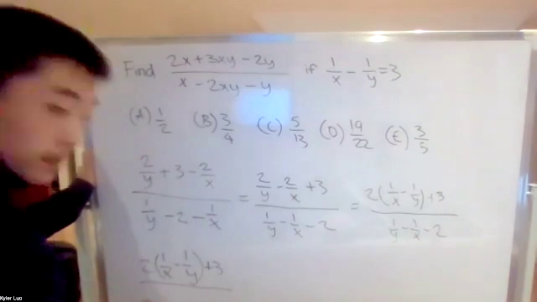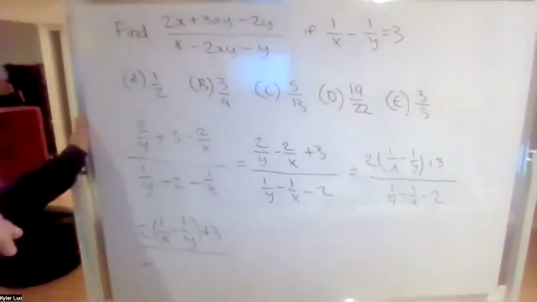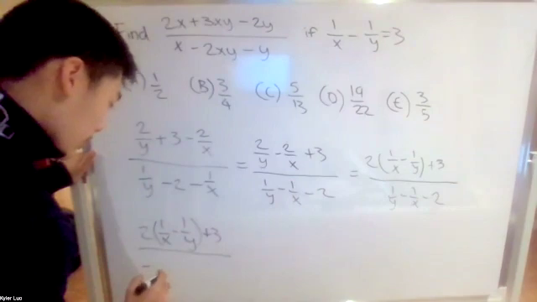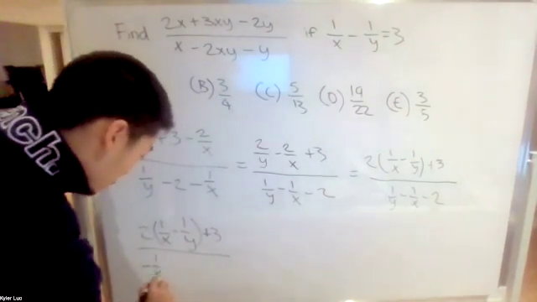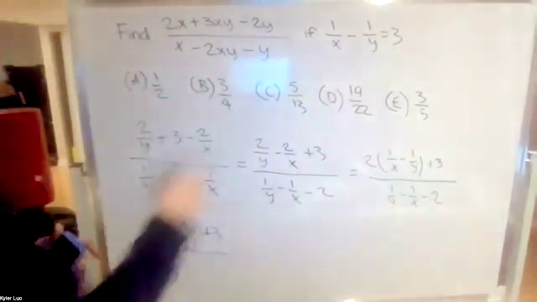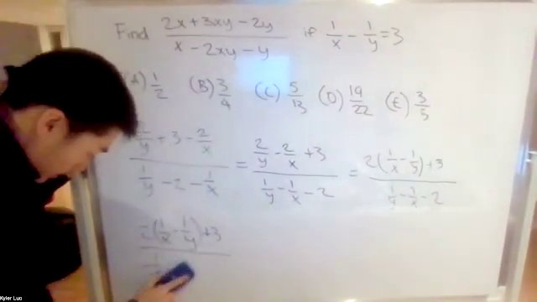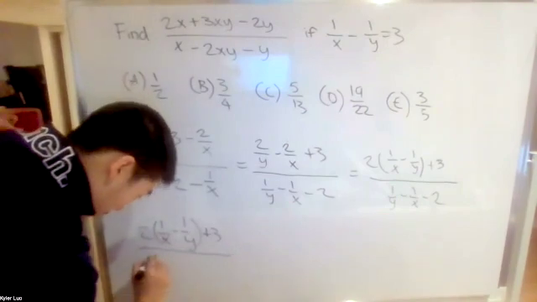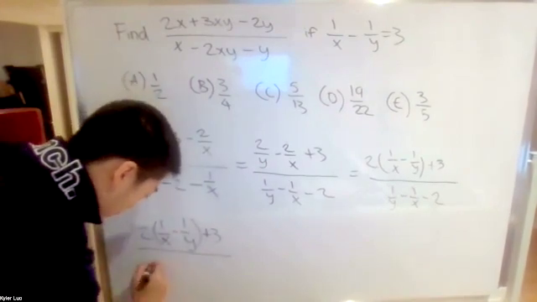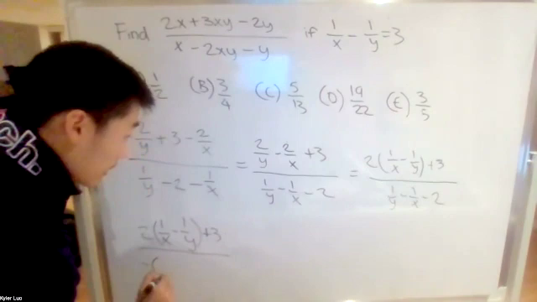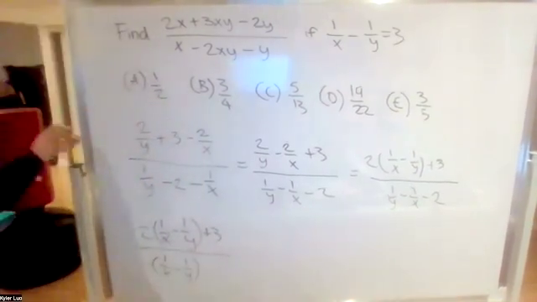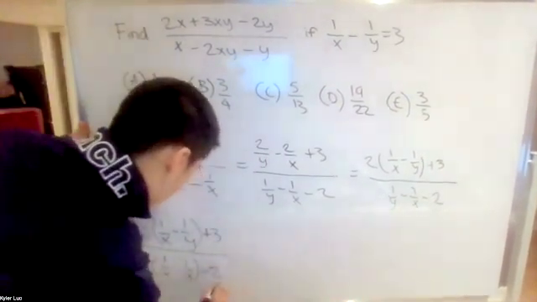This should be negative 1 over x plus 1 over y, but since we want this, we're going to factor out the negative 1 so that we keep the negative 1. It's going to be like that, and then minus 2.